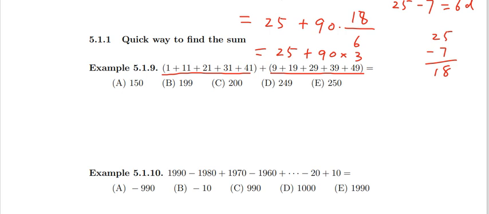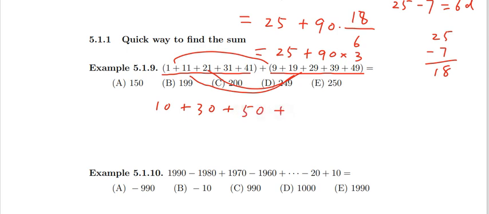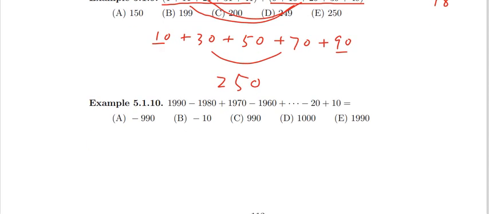We find 1 plus 9 is 10, 11 plus 19 is 30, so this is just 10 plus 30 plus 50, and 70, and 90. Then pairing up, 100, 100, so there's 250. So we have a quick, easy way to find the addition.